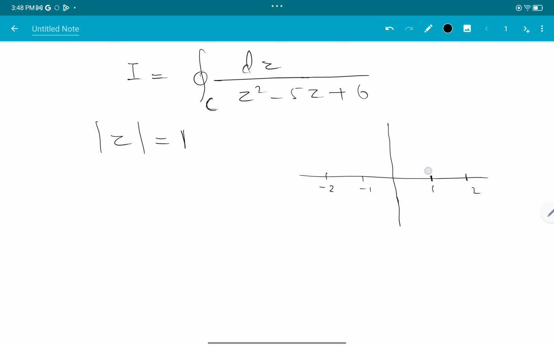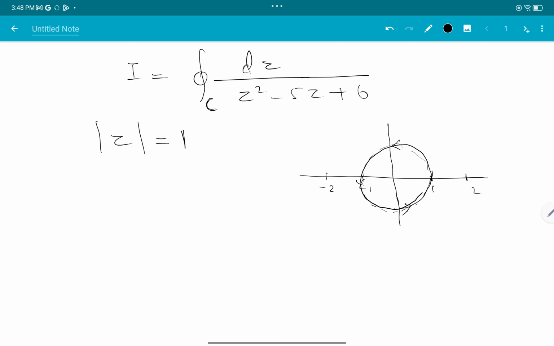It is this circle, this is our path, a simple circular path, and we have to integrate over this path in the counterclockwise direction, in this direction.